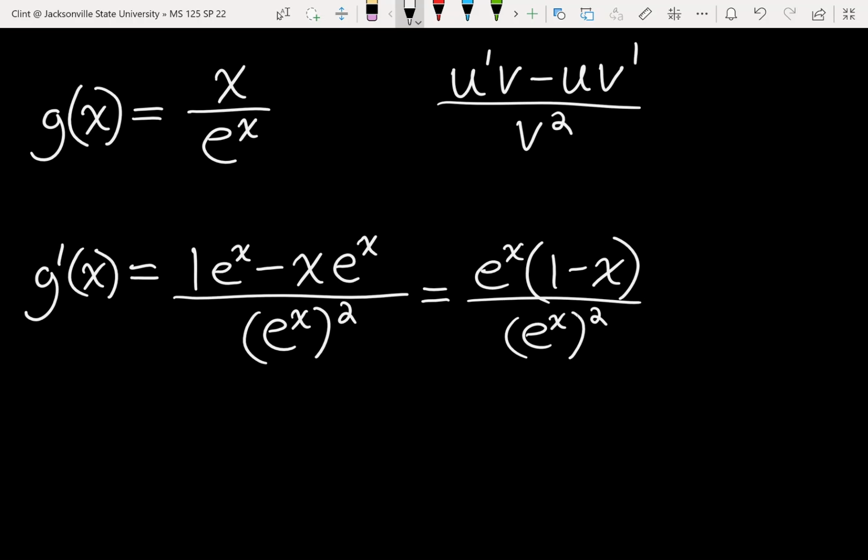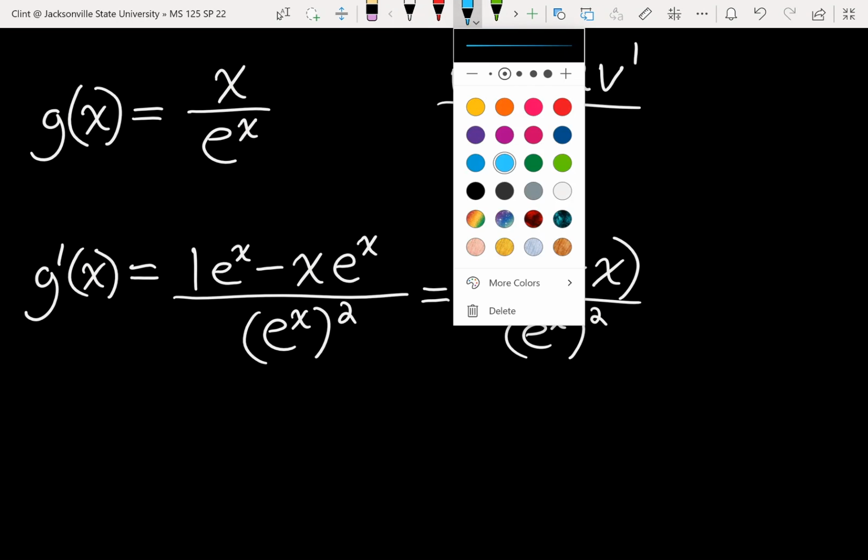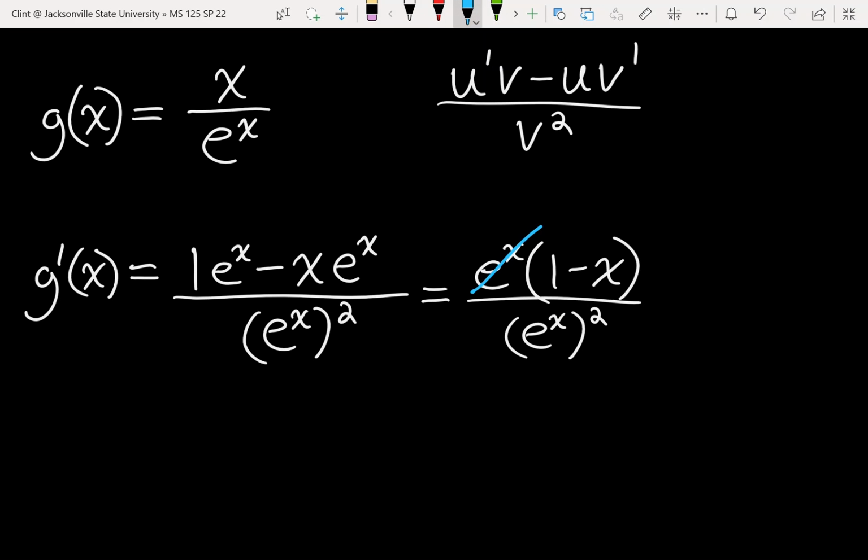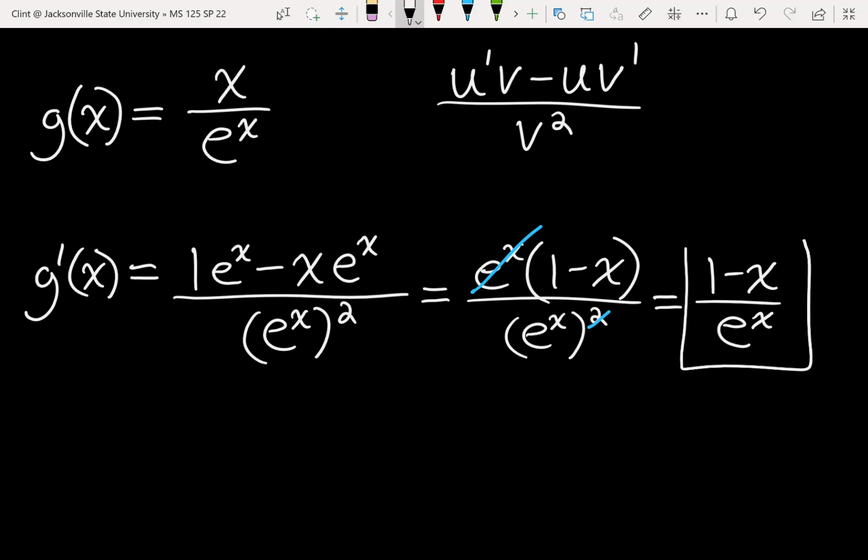What happened simplifying that one? Yeah, because this e to the x will cancel with one of these. So we just end up with 1 minus x over e to the x. Again, sometimes simplifying is not as important.